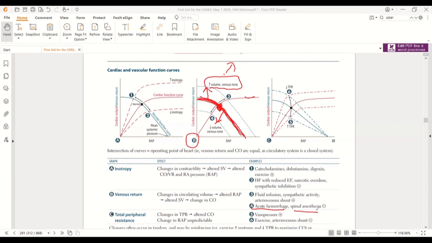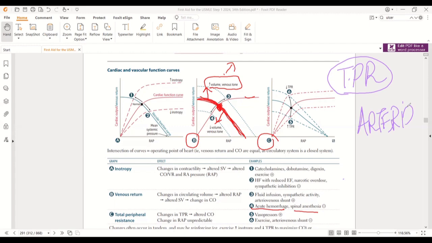Yes. Okay. So the next curve is about total peripheral resistance. The total peripheral resistance is determined by which vessel? Arterioles. Yeah. So if you give vasopressors, what happens?